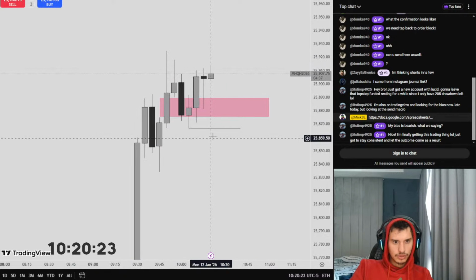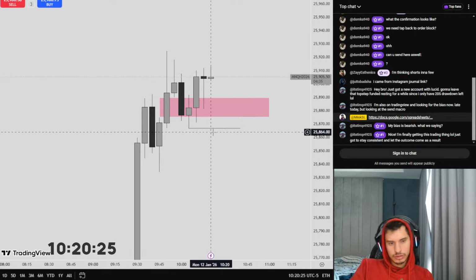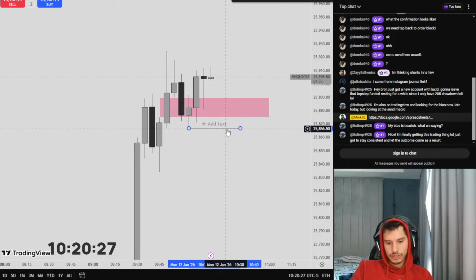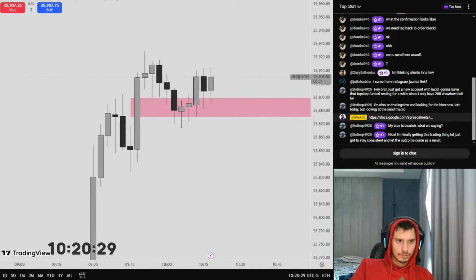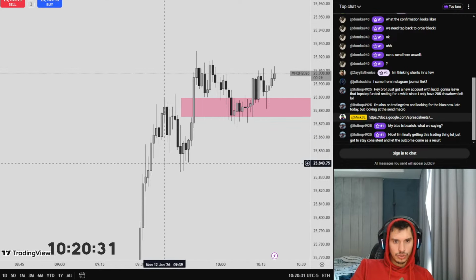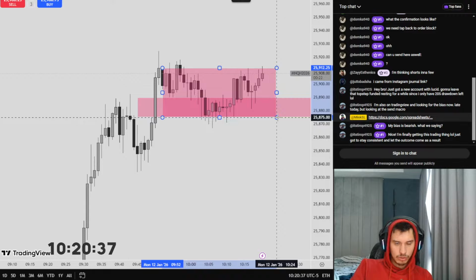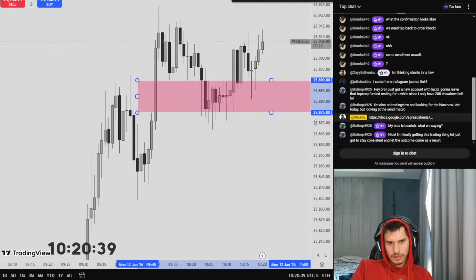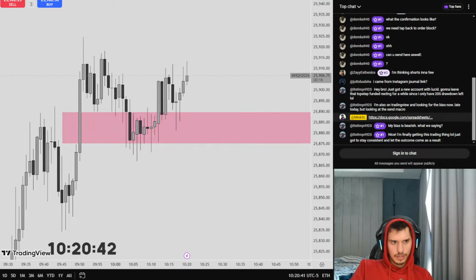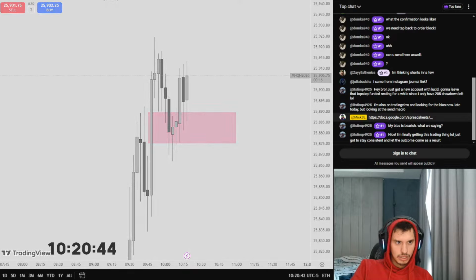So a strong candle breaking structure here could be a good short if you're bearish. I don't know what else y'all could be trading here. Hopefully y'all haven't taken any trades in any of these candles. There was absolutely no entry, in my opinion at least.